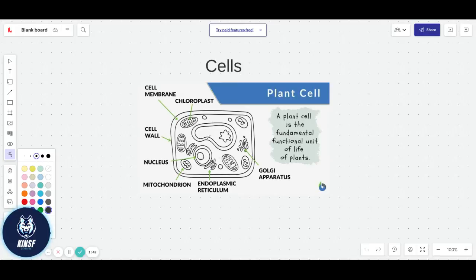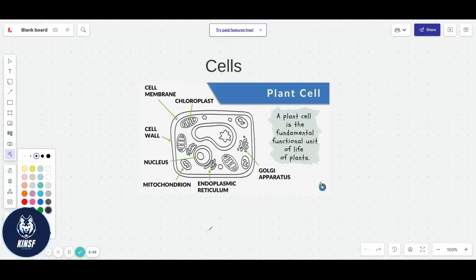So it sends the RNA to the ribosomes on the endoplasmic reticulum, and they make proteins, which are basically what the cell needs to function. So the cell needs proteins to function.